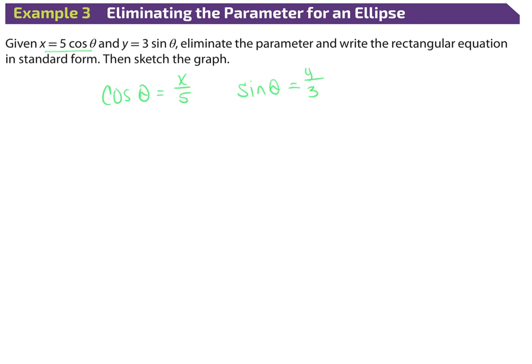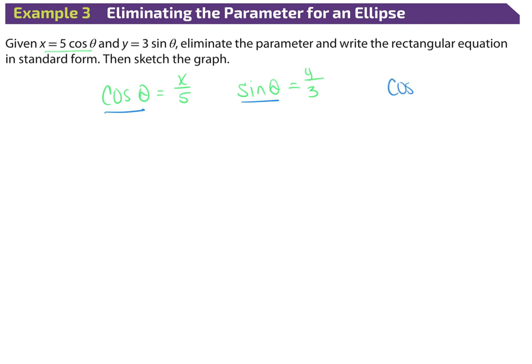All right. Now, considering the fact that I am trying, and they specifically said ellipse here, not that you'll get that much information, but that I am trying to eliminate the parameter and write a rectangular equation in standard form. This means that I want to use one of my equations that I have been looking for. And so I am going to use an identity that deals with cosine and sine equaling something. So hopefully this is one that you have not forgotten.